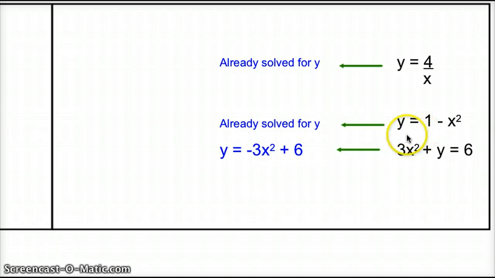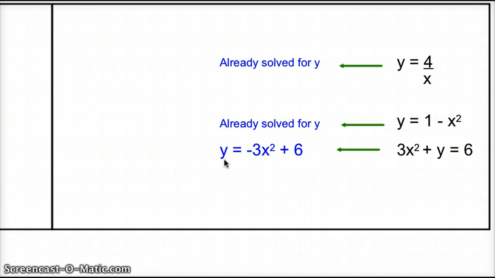Looking at our next example, y equals 1 minus x squared. This is already solved for y as well. And x squared is not part of our slope-intercept form. Our slope-intercept form should just have an x, or an x to the first power. So this will not be a linear function. And finally, our last example, I solved it for y over here.